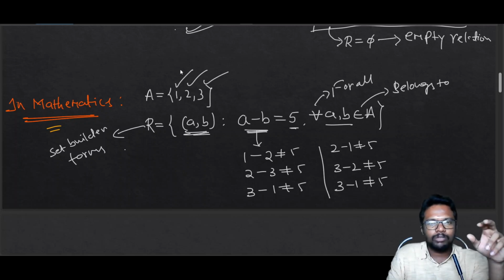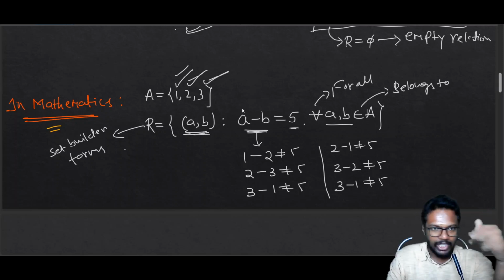If we take any two elements from 1, 2, 3 and subtract them, we won't get 5. We have to consider every element of A. So it is an empty relation.